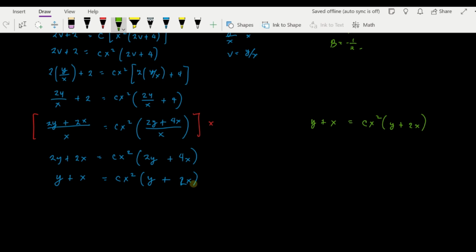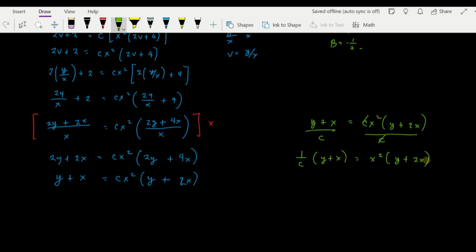Minsan lang kasi may ibang way ng pagpapakita ng solution yung teacher nyo or yung professor nyo. So, pwede kasi itong i-divide natin siya by c. Okay. So, if we divide this by c, makikita nyo dyan, makakancel yan. So, matitira dito is 1 over c times y plus x is equal to x squared times y plus 2x.